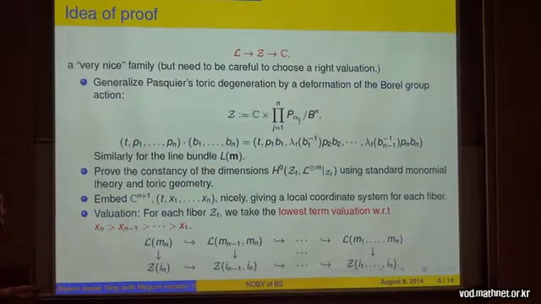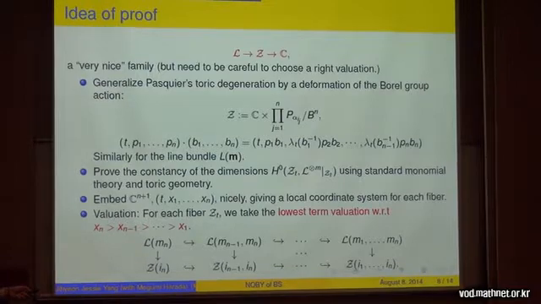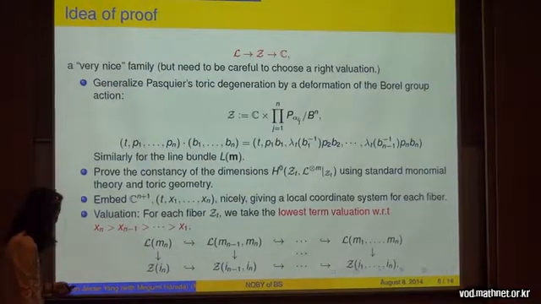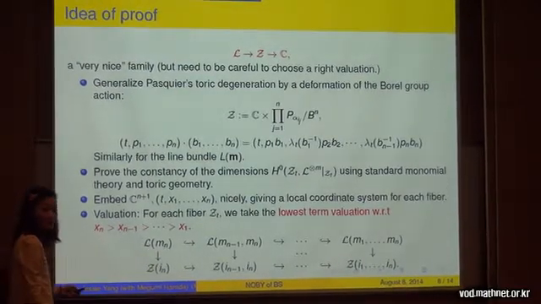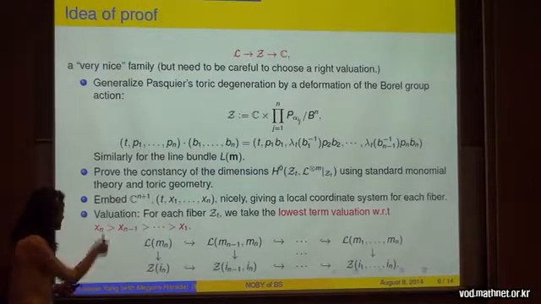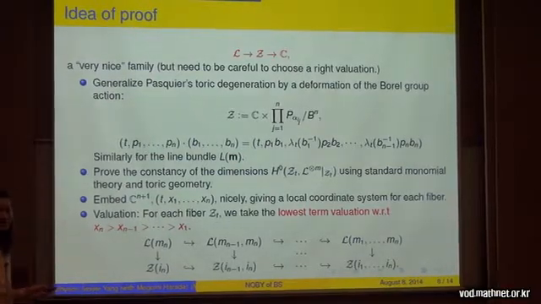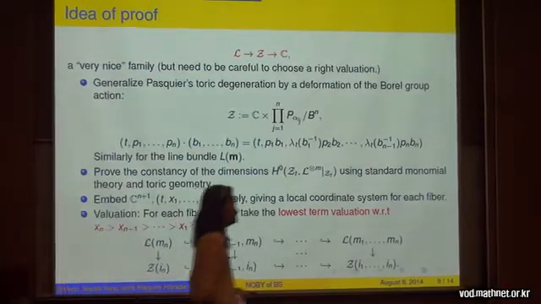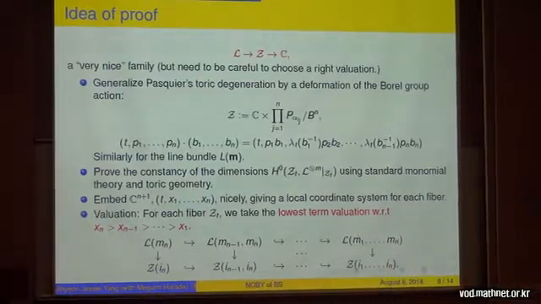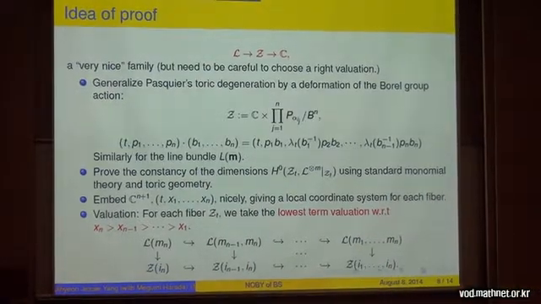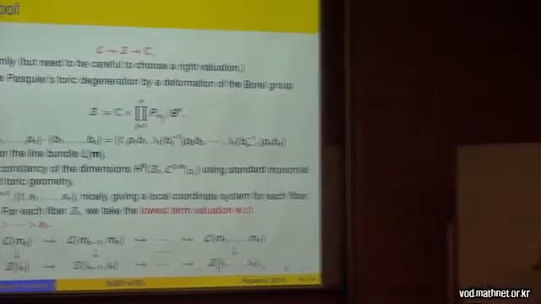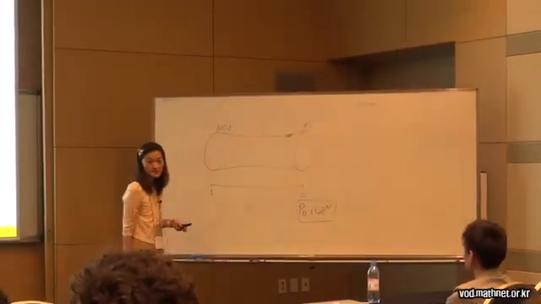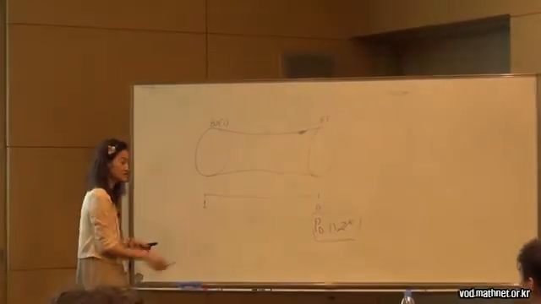Namely, we get a bijection from the lattice points on this Newton polytope, which is the dimension of the sections on the special fiber. So here, the number of lattice points is the dimension for the special section.